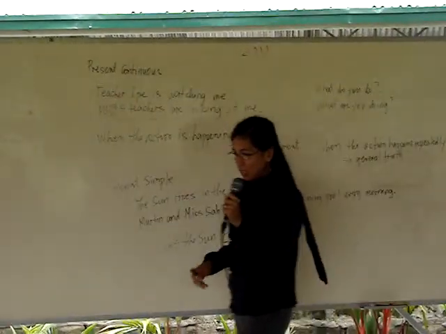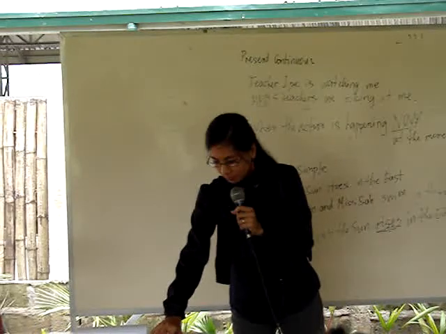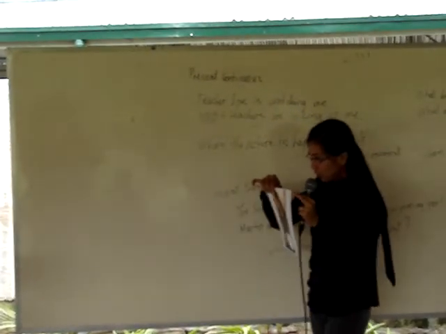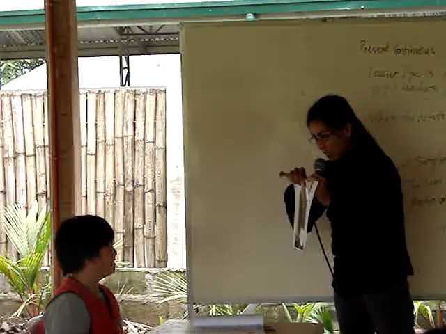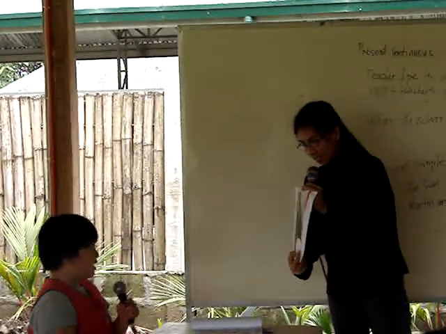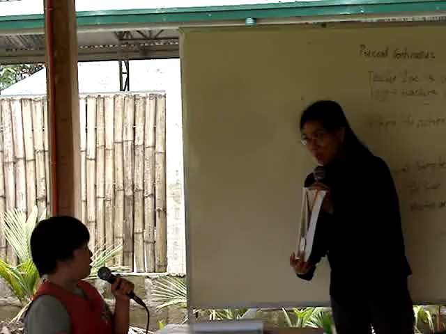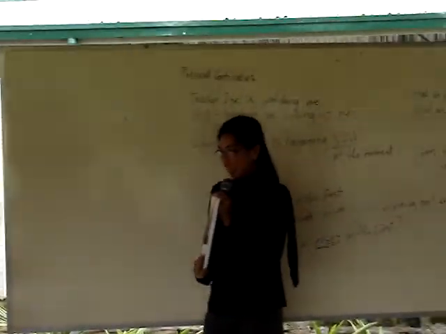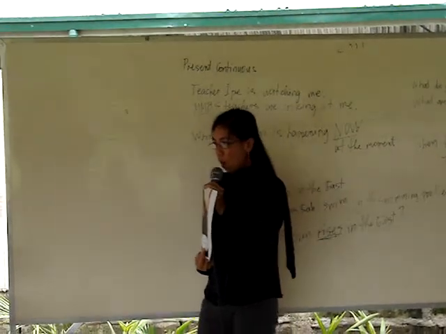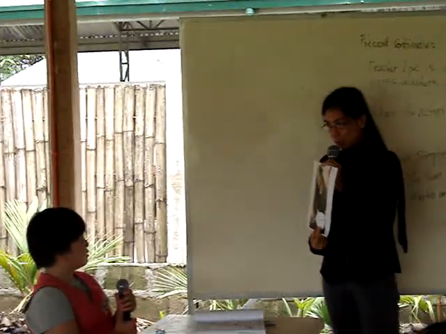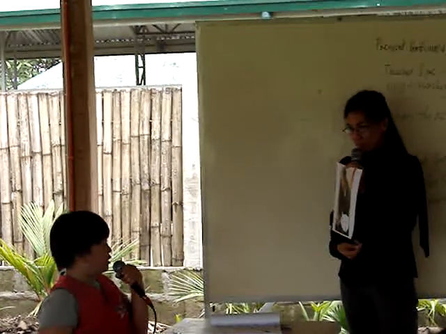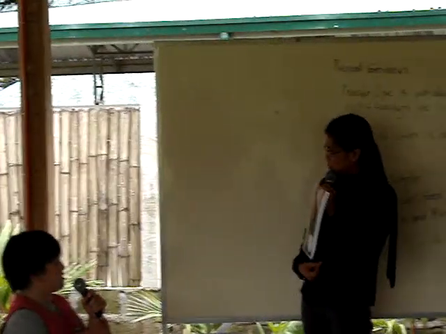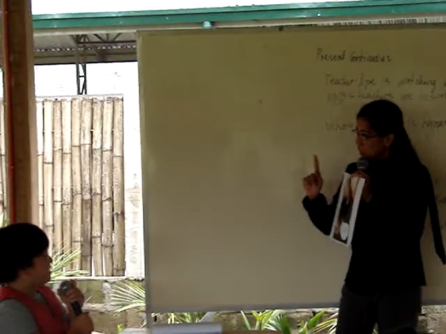If I'm going to show you a picture, look at this. Can you see this picture? What does she say? I'm a photographer. If I ask you, what does she do?